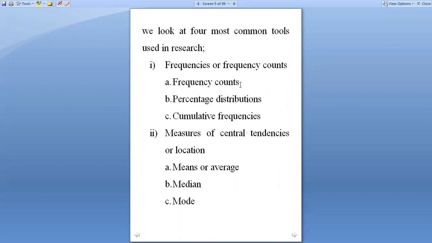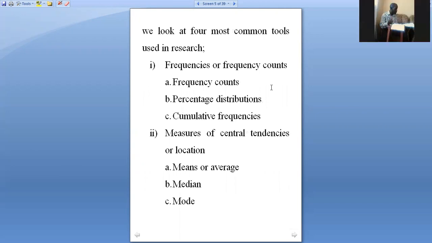We have grouped them into 4 here. One group is called frequencies, analysis of frequencies. Under frequencies, we have what we call frequency counts, percentage distributions, and cumulative frequencies. 3 ways of analyzing frequencies.